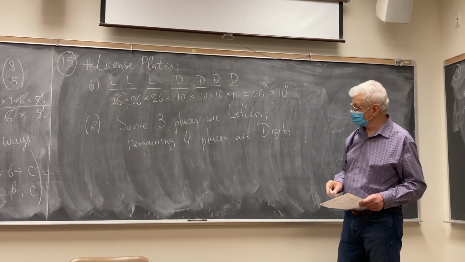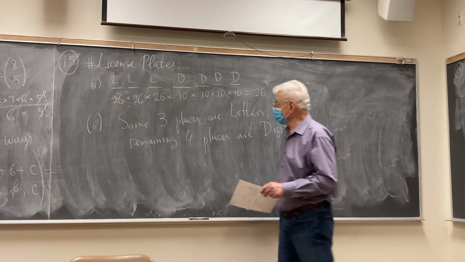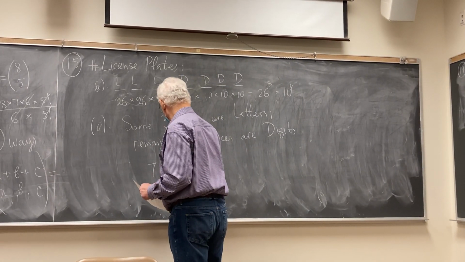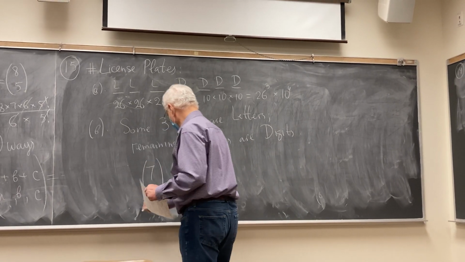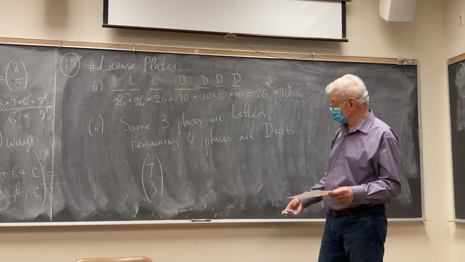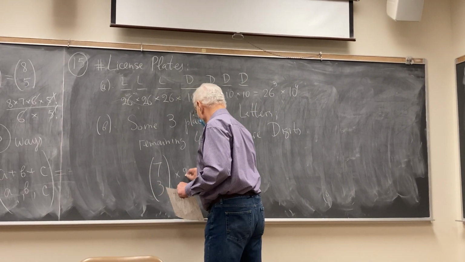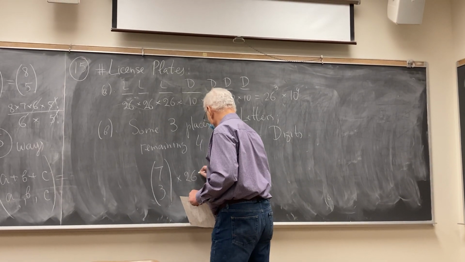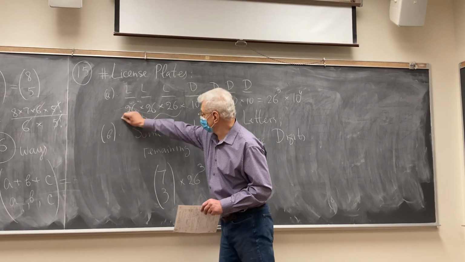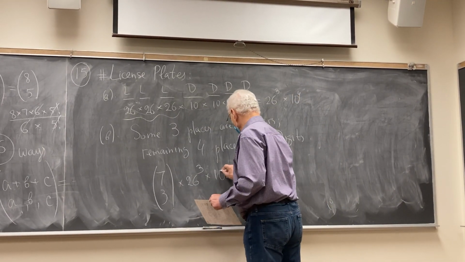So many other ways. So therefore, first we have to fix these 3 places. How many ways could we do this? Altogether it's 7 places, right? 7 choose 3 ways to choose 3 positions. After that, you put letters on those, multiplied by 26 to the power 3, like here. And for the remaining ones, it will be 10 to the power 4.